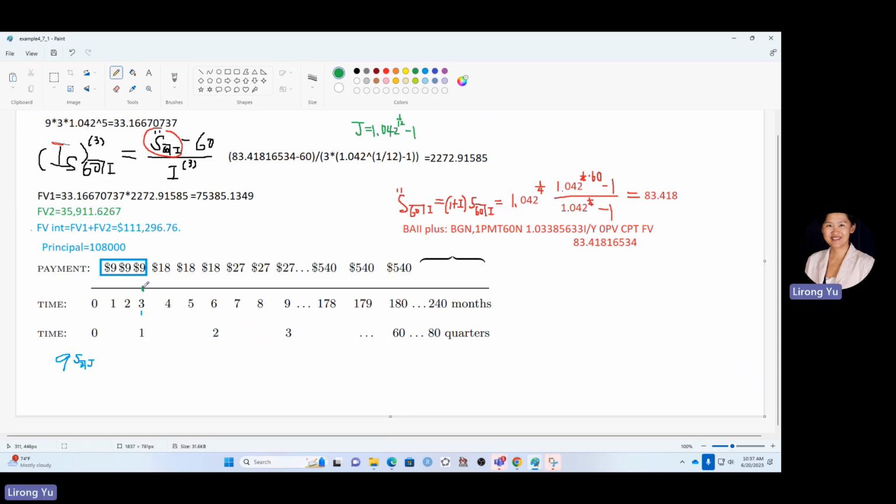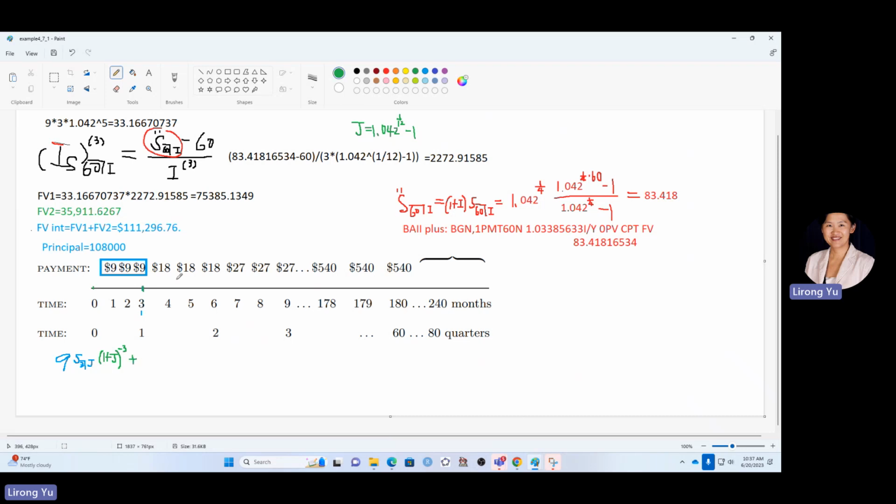So we can find the present value, the time zero value of this. So this has to be multiplied by 1 plus j to the power of -3. So that would be the present value of the first three payments.